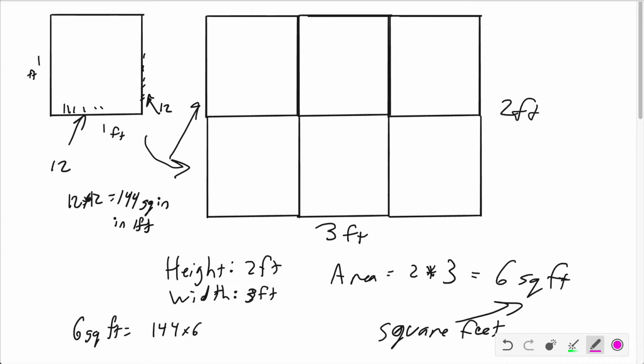And 144 times 6 is 864 square inches. So that's how the units work, right?